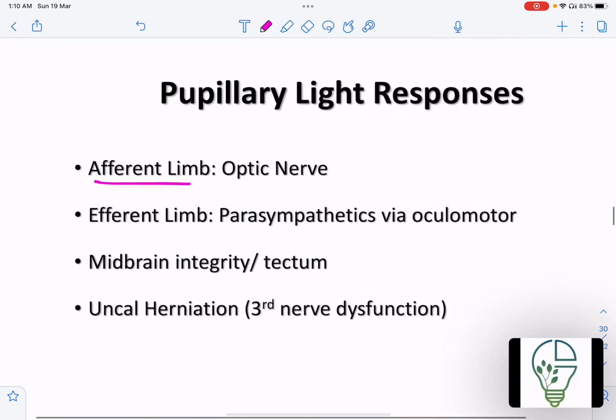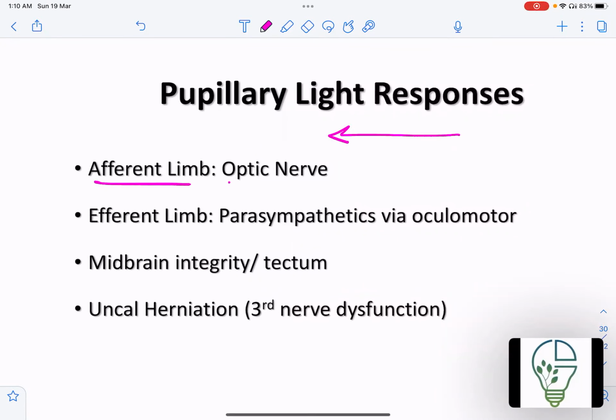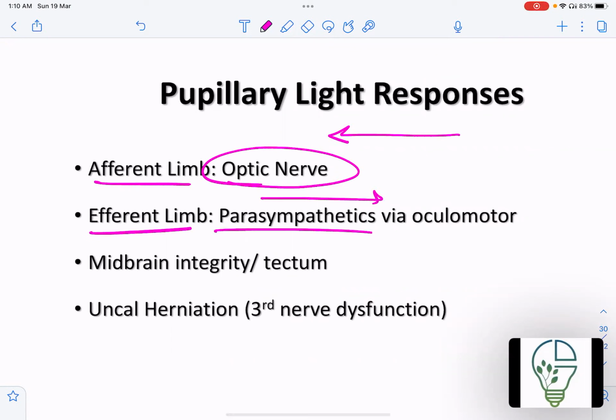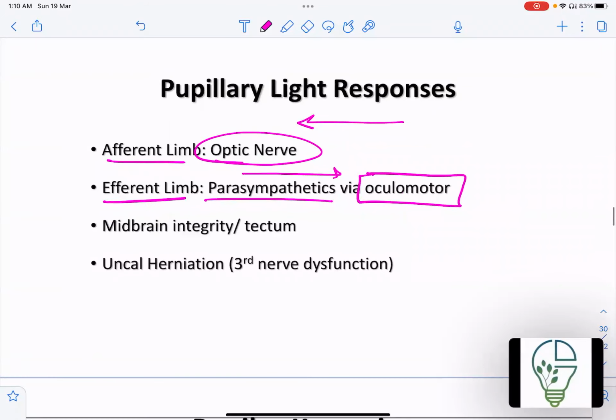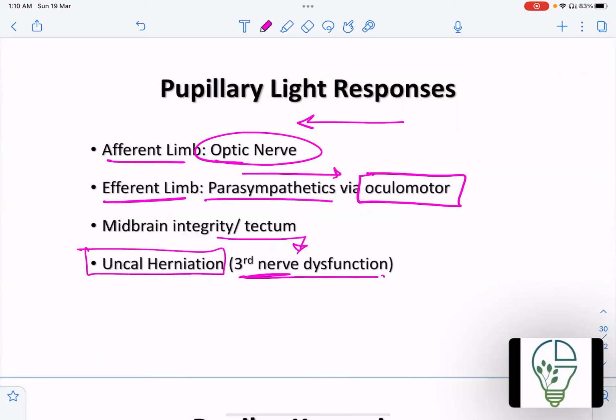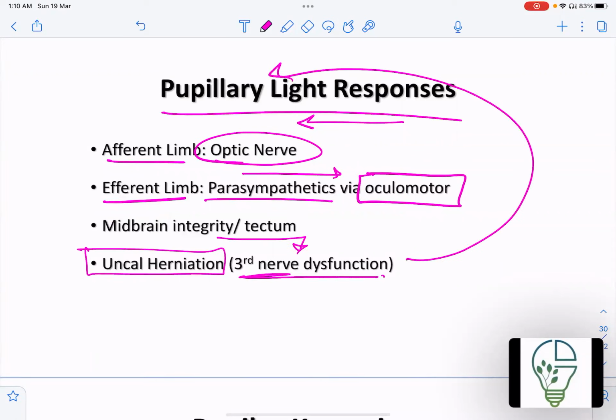The afferent limb, meaning what carries the signal to the brain, is through the optic nerve. The efferent, meaning the response, is through the parasympathetic that happens through the oculomotor nerve. And when we have, for example, an uncal herniation, it leads to a third nerve dysfunction, which will in turn disrupt this pupillary light response.